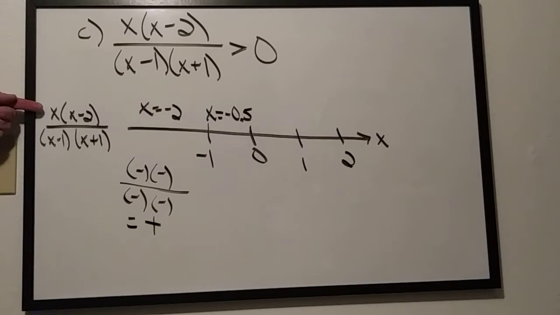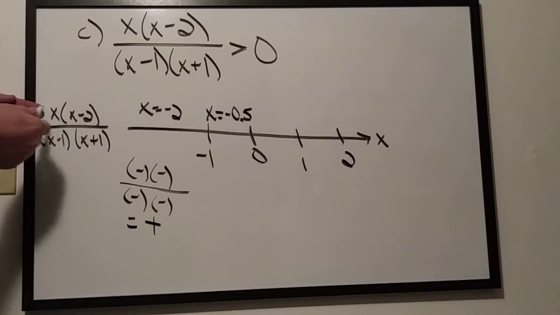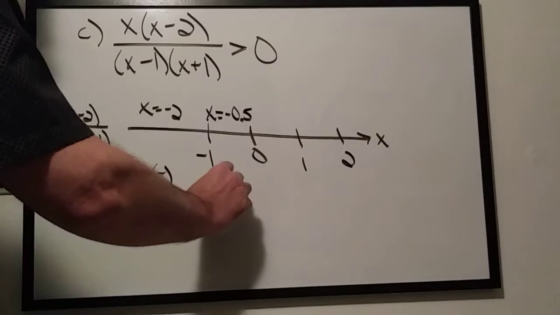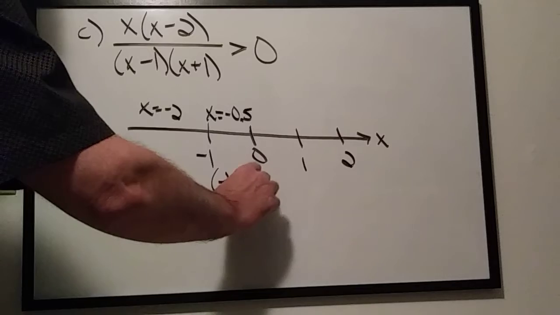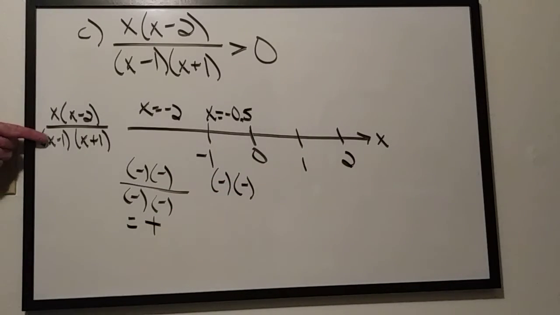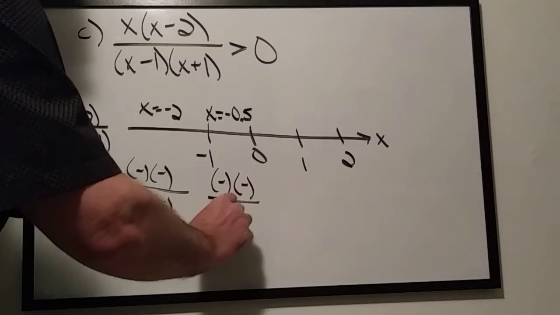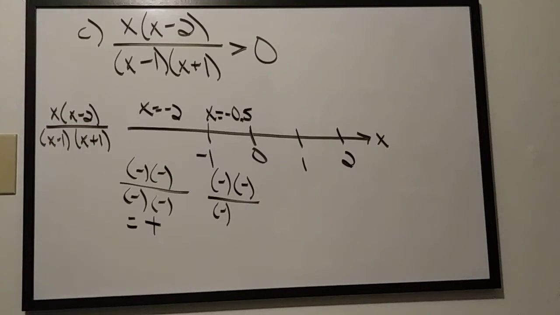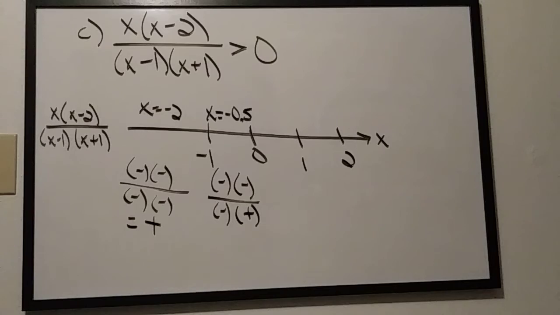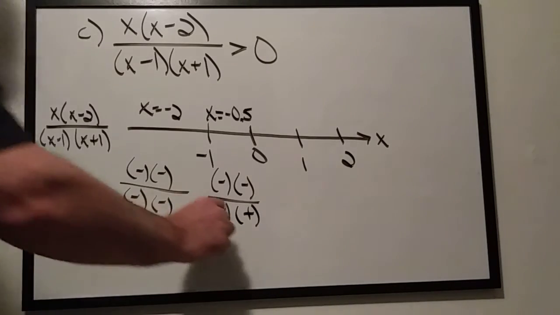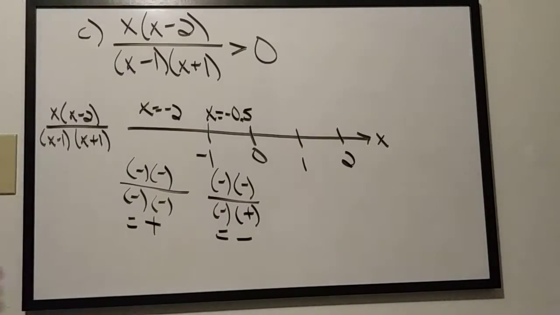So if my x value is negative 1/2, my first piece, x, is going to be negative. Negative 1/2 minus 2 is still going to be negative. Negative 1/2 minus 1, negative. And then negative 1/2 plus 1, now that's the one that's going to change signs here. This time I have 3 negatives, which means that we're going to have a negative y value there.